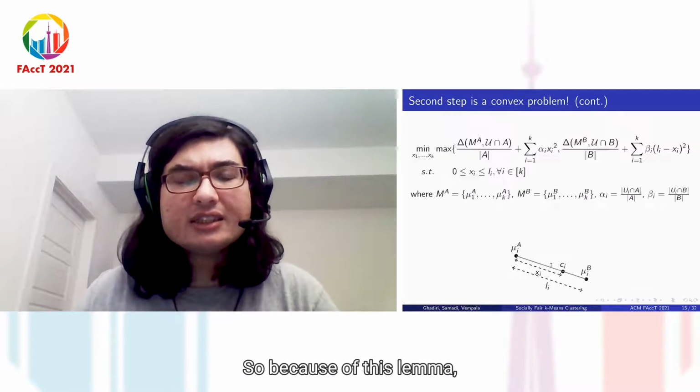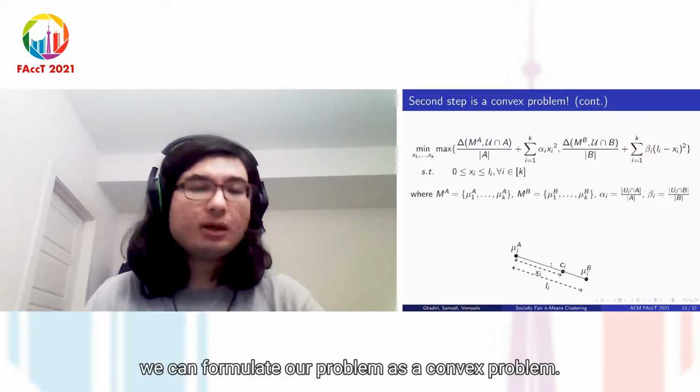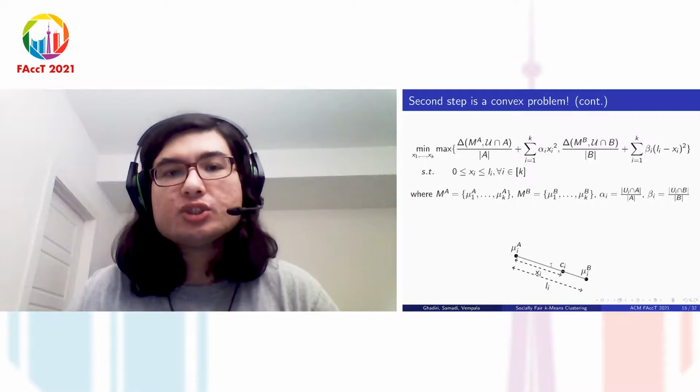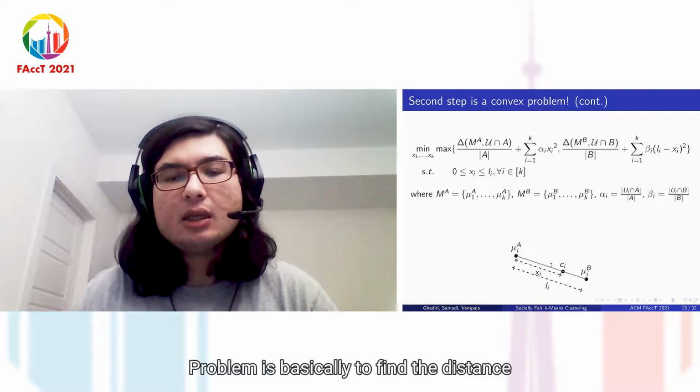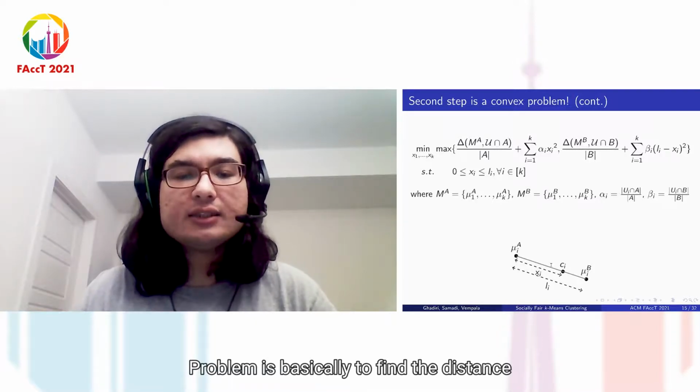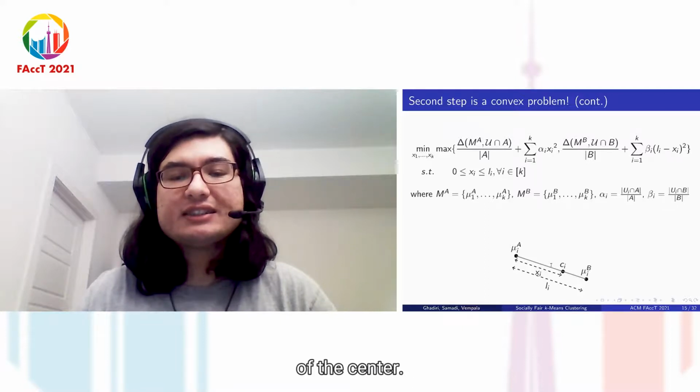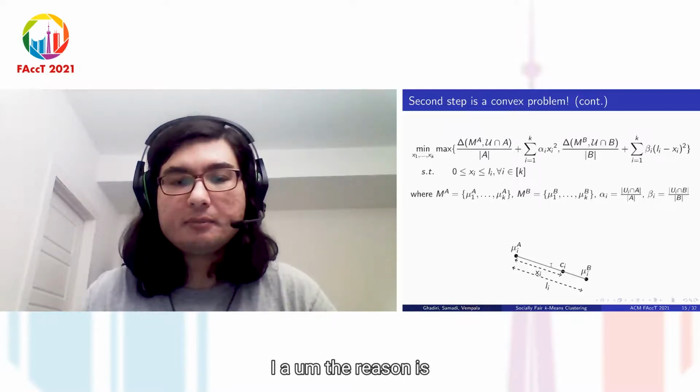So because of this lemma, we can formulate our problem as a convex problem. Our convex problem is basically to find the distance of the center Ci from mu iA.